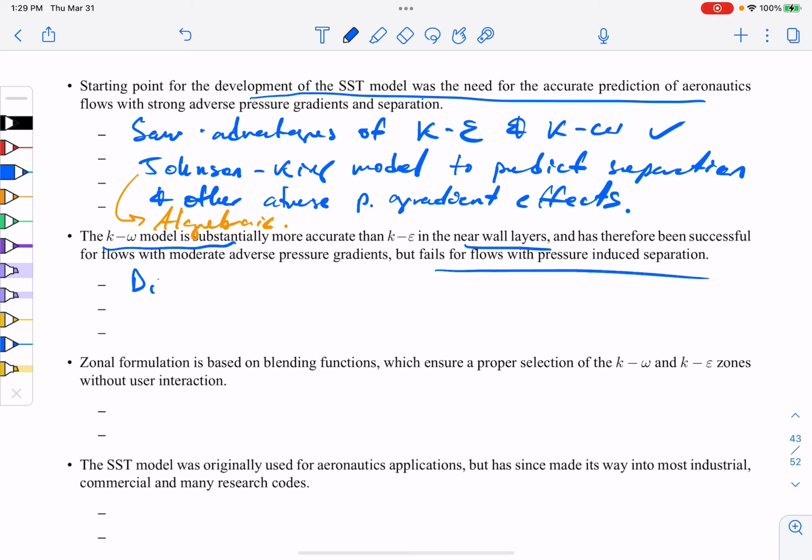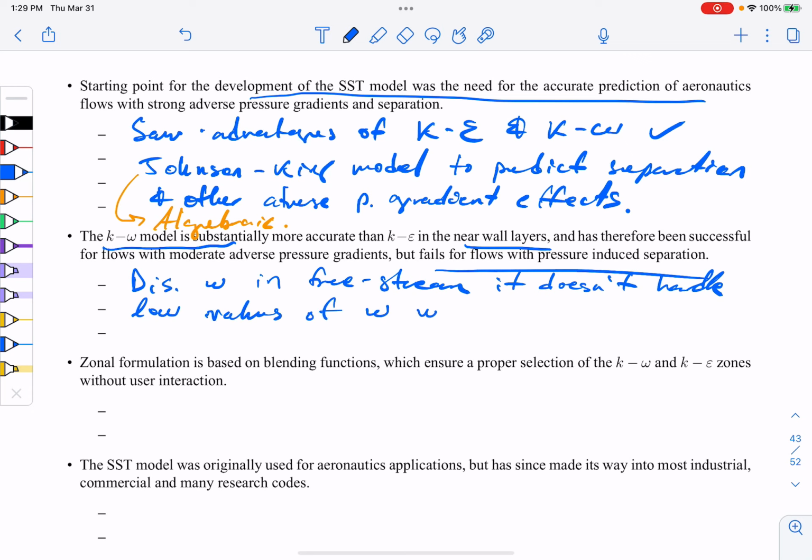The disadvantage of the omega model is that in the free stream, it doesn't handle low values of specific dissipation well.